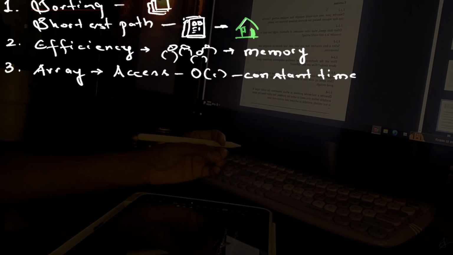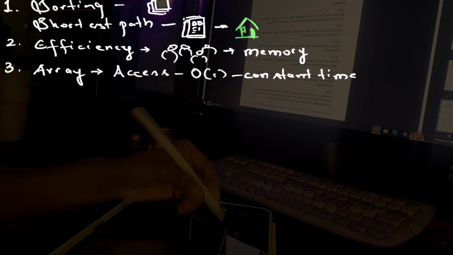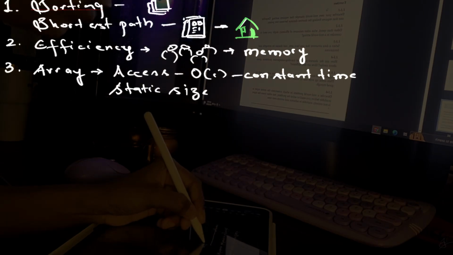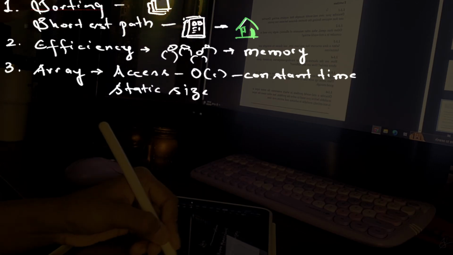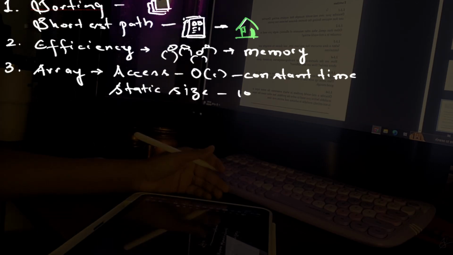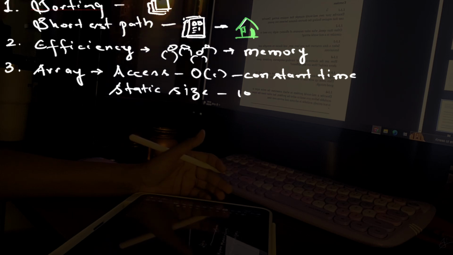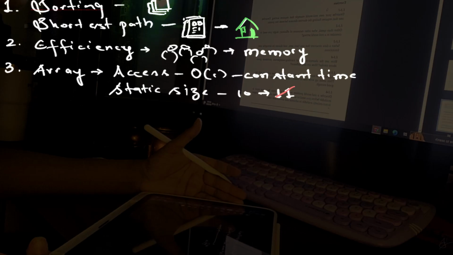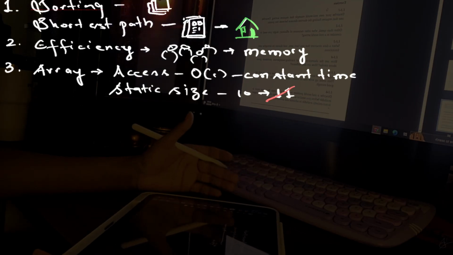Its limitation is that it has static size, it does not have dynamic sizing. Let's say I've created an array of size 10, then I will not be able to increase its size to 11. If I want to insert an 11th element, it would not be possible in an array. So that is its limitation.